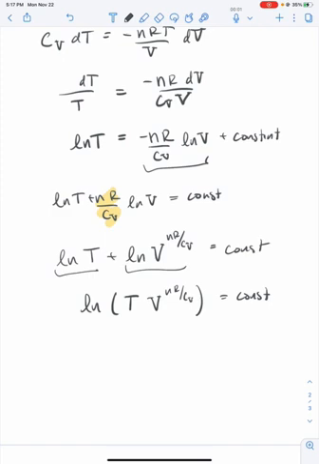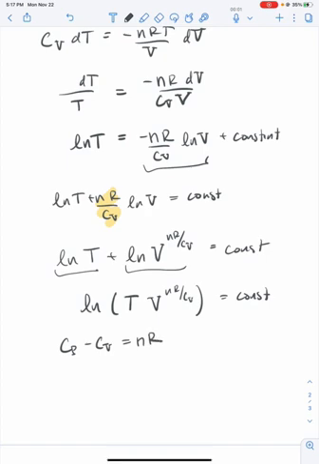And I'm going to use the result that we derived before, that CP minus CV is nR, okay?